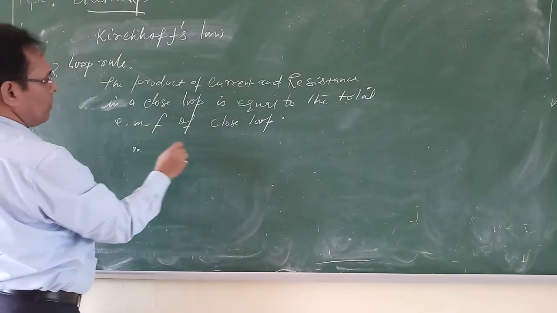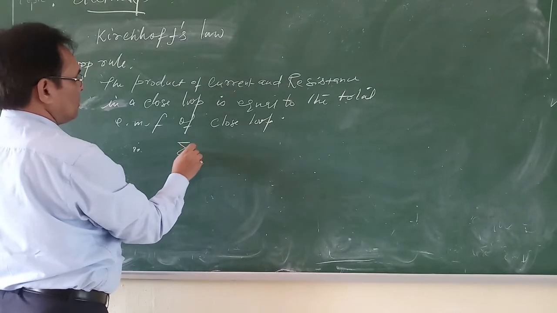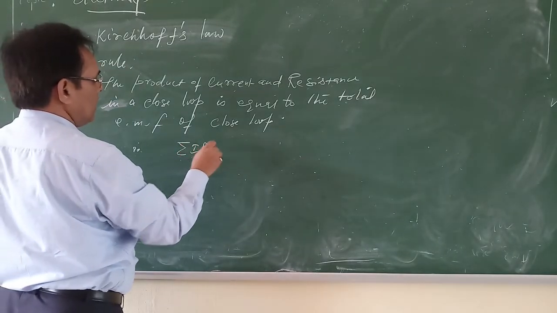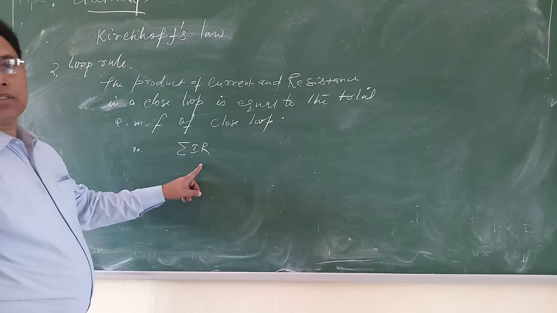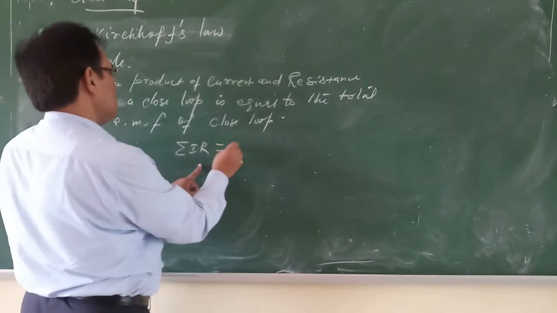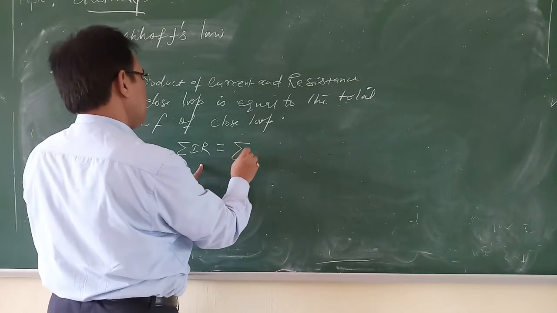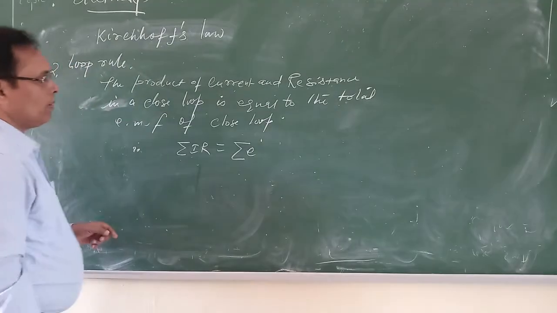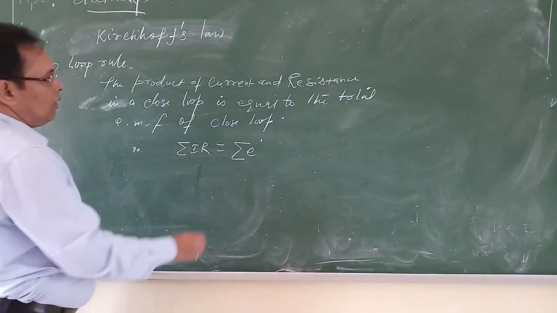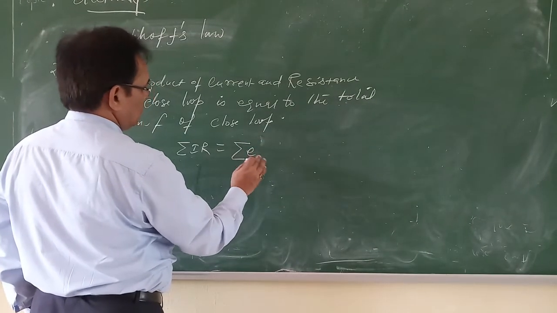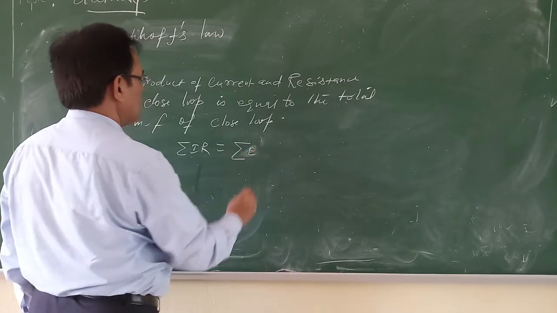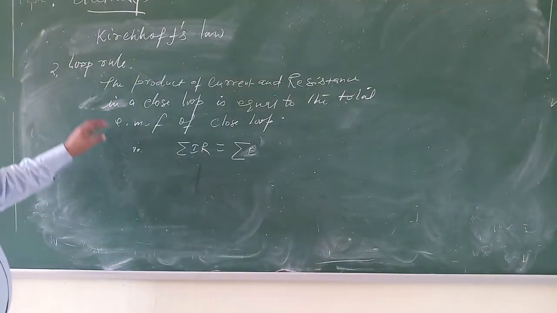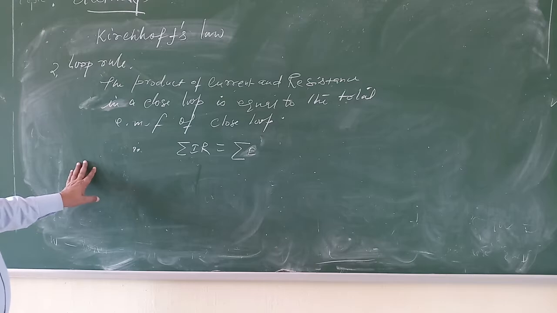That is, summation sigma IR, the product of current and resistance, is equal to the total EMF, total E. Or you can write capital E also. So this is the loop rule.